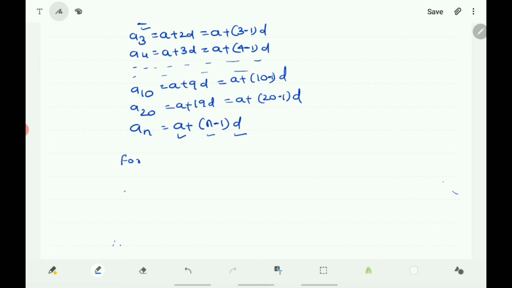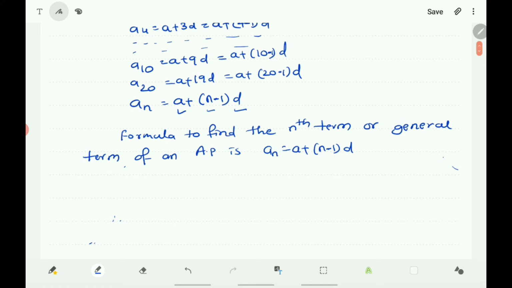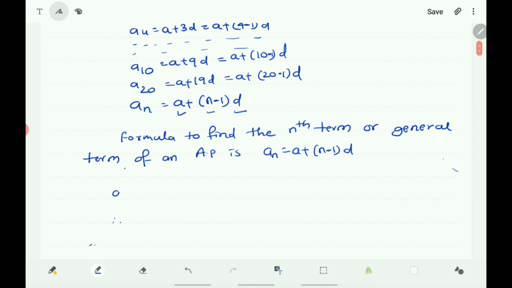The formula to find the nth term or general term of an AP is An is equal to a plus n minus 1 into d. Then the general form of an AP becomes a, a plus d, a plus 2d, and so on.